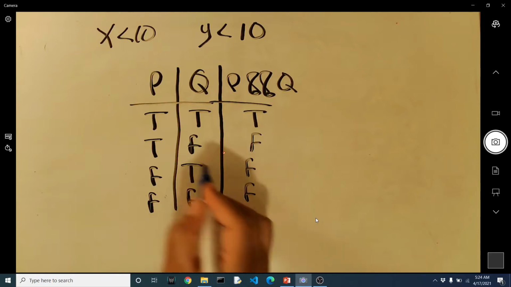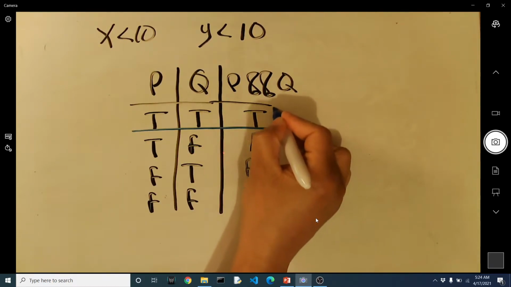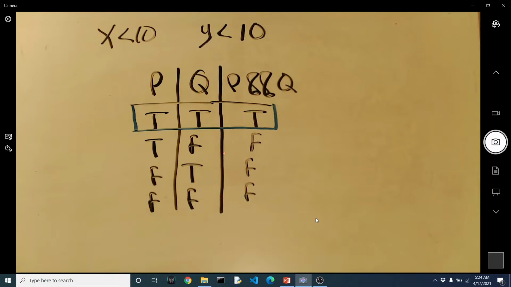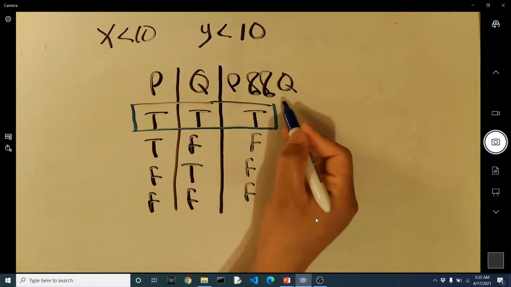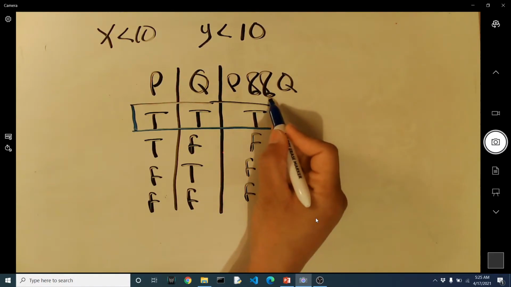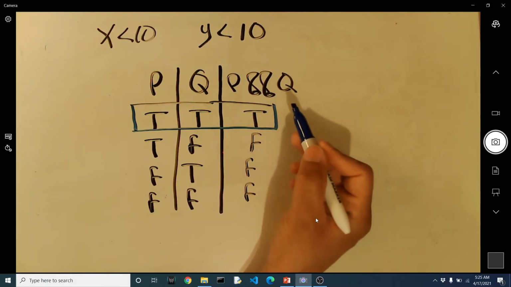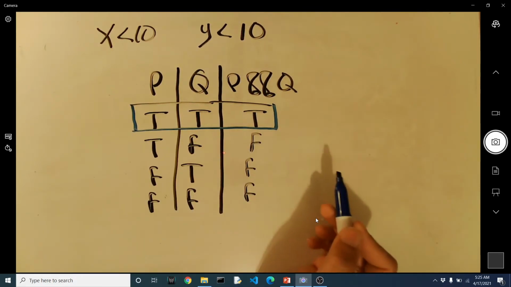The only time a decision that involves the AND operator evaluates to true is if all the individual conditions are true. And again, just extending this to our natural language, you've heard people say, well, you need to do this and that. Again, it's not a choice. You got to do both things. And that's the same thing here. In order for a condition that has the AND operator to do its job, all the individual conditions have to evaluate to true.